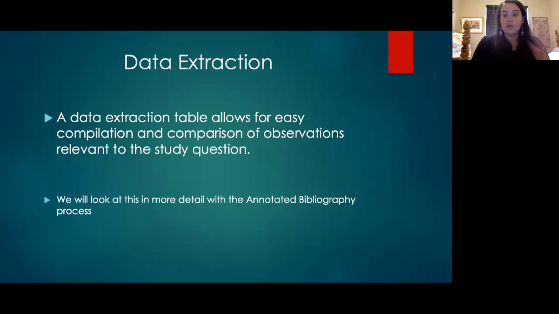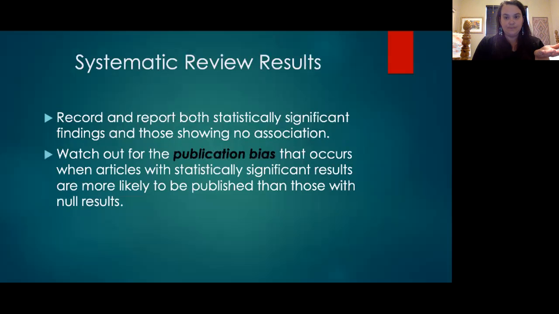And from those results, from the data extraction, record and report both statistically significant findings and those that show no association. Something that should not be part of your eligibility criteria are the findings of the study. So whether or not there was something there or something not there, that doesn't matter. You need to include them in your review.